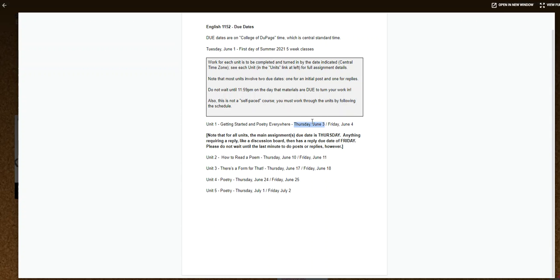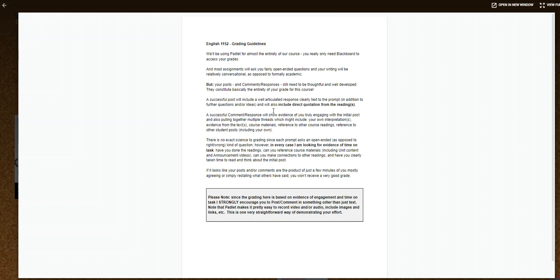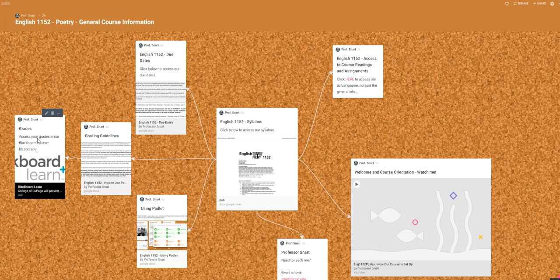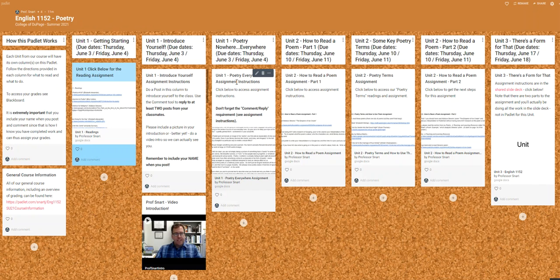All the work that's assigned for every unit is due by that first due date, and then we have that second one for reply comments when that kind of thing is assigned. Grading guidelines is really important, so since most of our work will be happening within Padlet, what am I looking for? What constitutes A-level or above and beyond type of work versus grades below that. And then, of course, access to your grades is back in Blackboard, and then a quick little thing about using Padlet itself, which I think people will get used to as we work through each of these assignments.